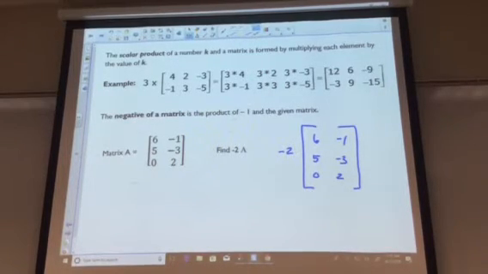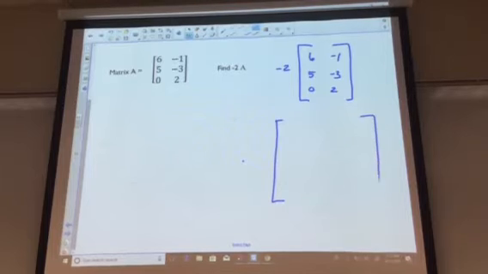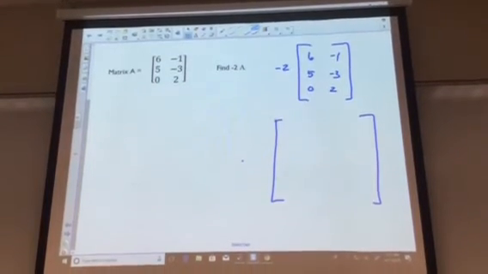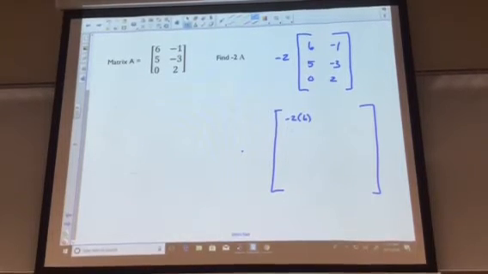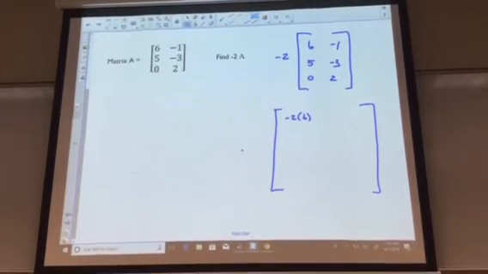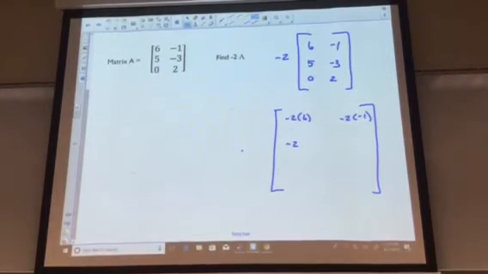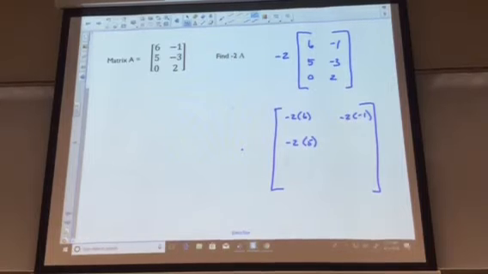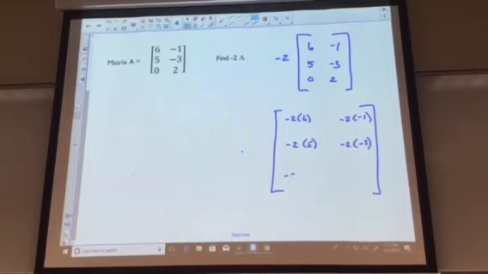And your support step, your middle step for that problem, would look like this. -2 is going to be multiplied by 6. Negative 2 is going to be multiplied by negative 1. Negative 2 is going to be multiplied by 5. Negative 2 is going to be multiplied by negative 3. Negative 2 is going to be multiplied by 0. Negative 2 is going to be multiplied by a positive 2.